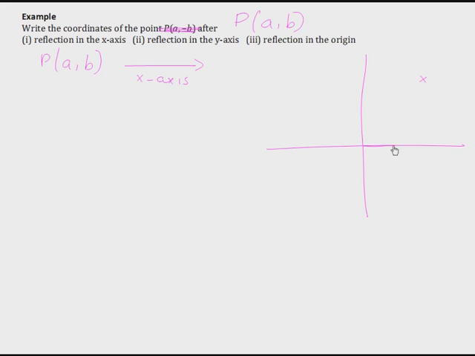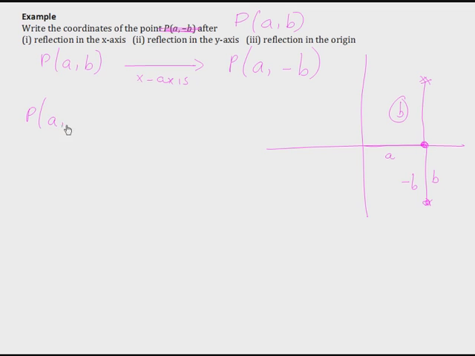What does that mean? It means this distance is A and this distance is B. If I'm reflecting in the x-axis, then this point is ending up here. I'm going down B units from the x-axis. So if this coordinate was B, this coordinate would be minus B. So it would become P A, minus B. The y coordinate is negated. The x coordinate stays the same.